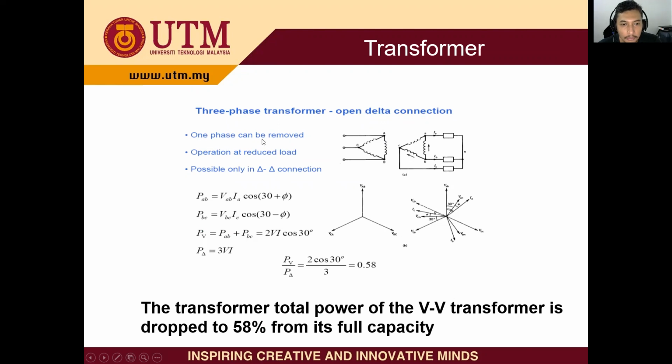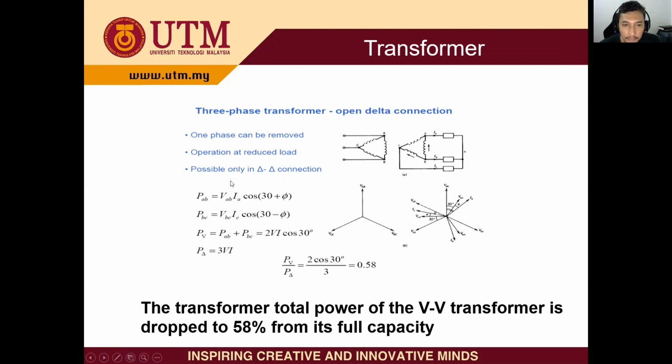So one phase can be removed, meaning only two transformers will be functioning. The total power of this, which we call VV, because this is not delta anymore, it is open and the shape is like a V, is dropped to 58% of its full capacity as a delta transformer.